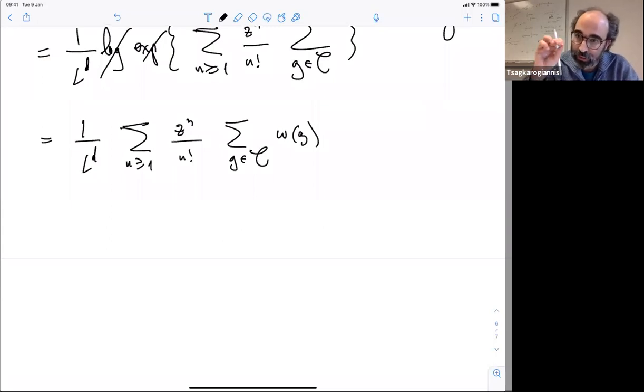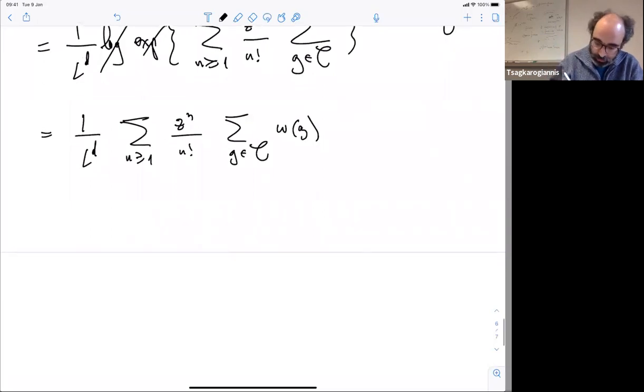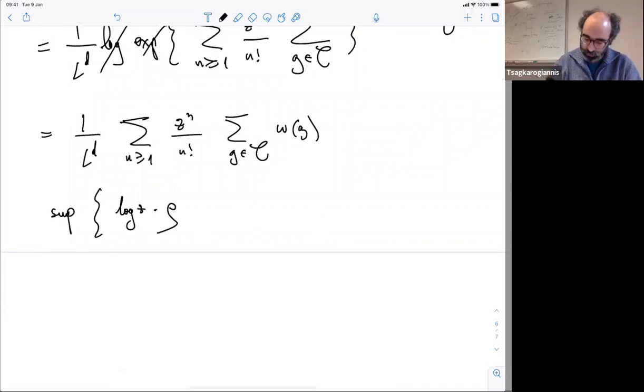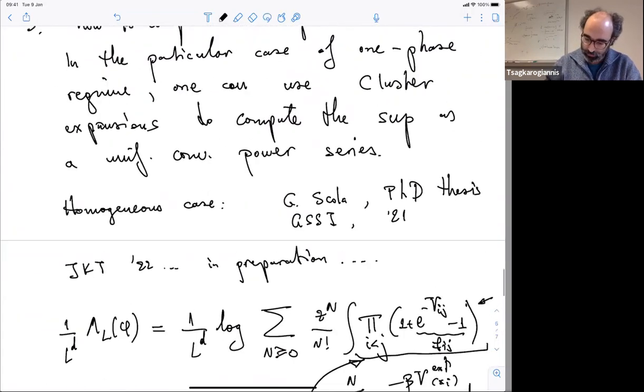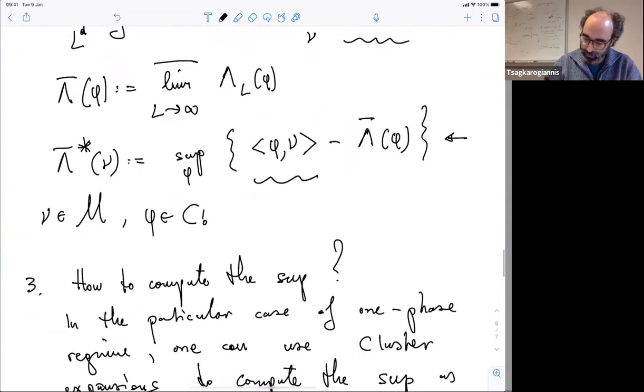So the point is that here you can write that, and moreover, you can compute the supremum. Because if you remember, now I have the supremum. So in one dimension, it will be log z times rho. So this log z is the z, I mean, this one, because here phi will be log z, because it depends if you put it in the exponent.